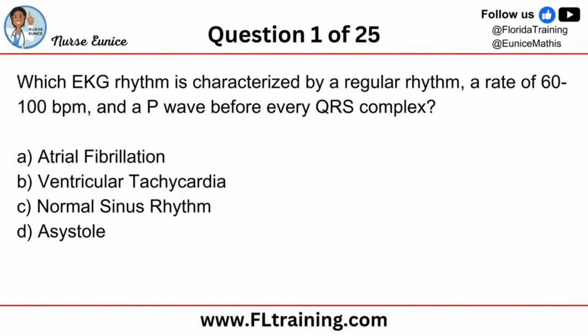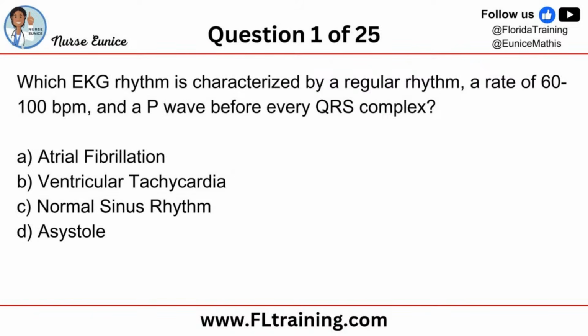So your normal complex would have a P wave and a QRS complex. So that's your hint. If it's normal, it's going to have a PQRS. So which would be the correct answer for number one?